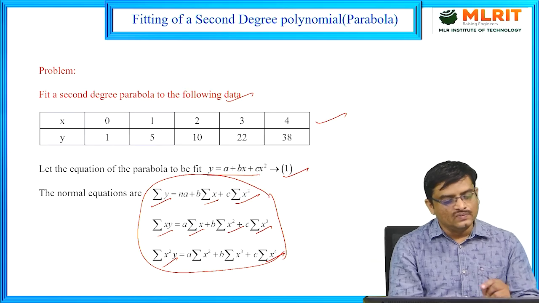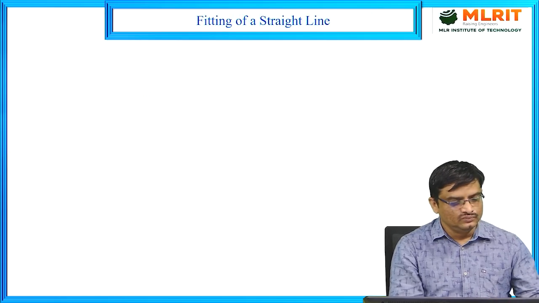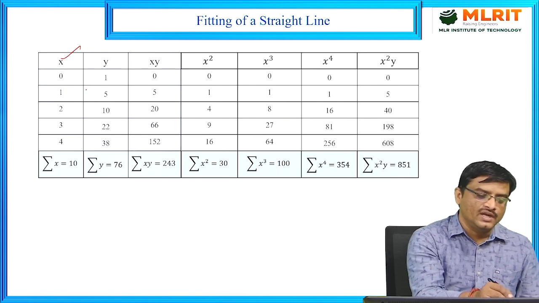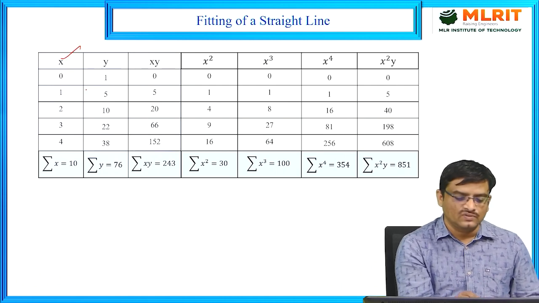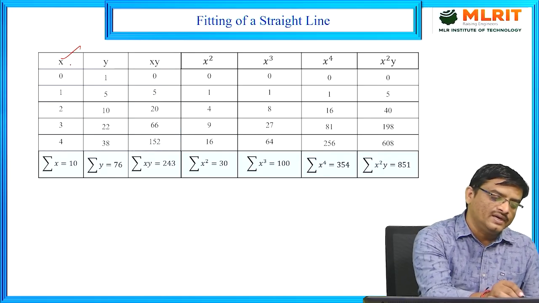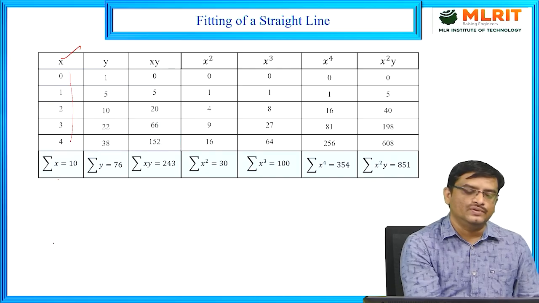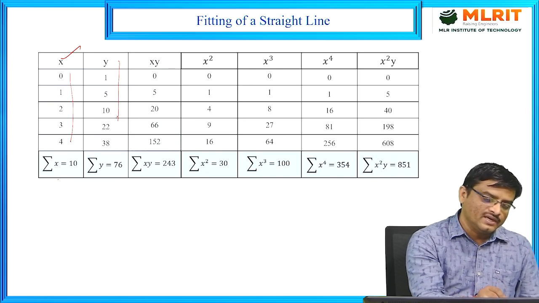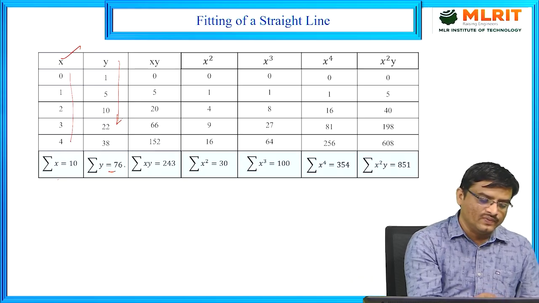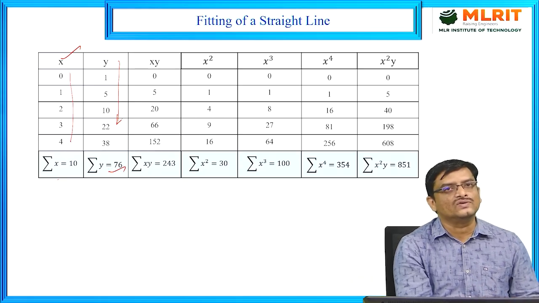Now for this we will construct a table to get these summation values. So this is our table here. The x values are already given in the data, so you take those x values and find the sum of all the x values. Similarly, in the second column take the values of y and add all of them, and you will get summation y, which is nothing but the sum of all the values of y.